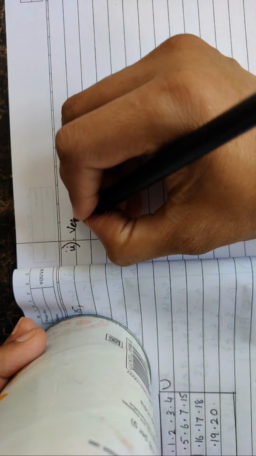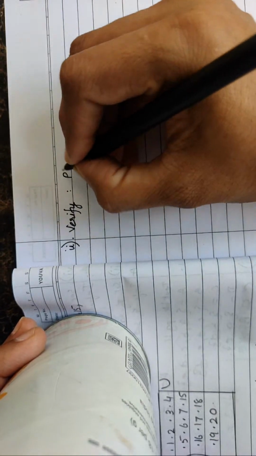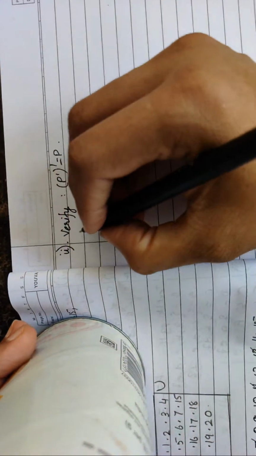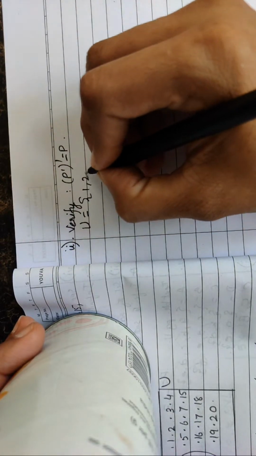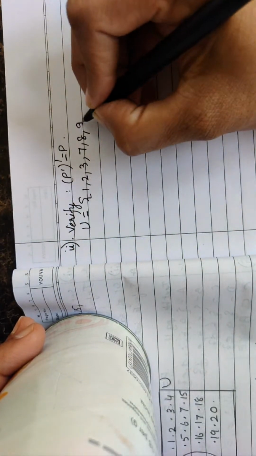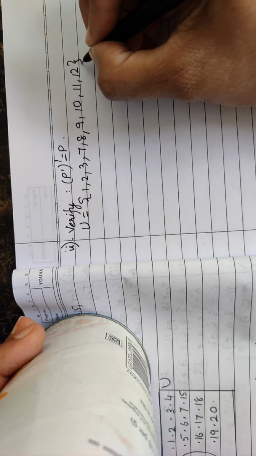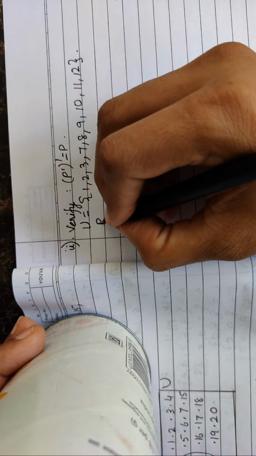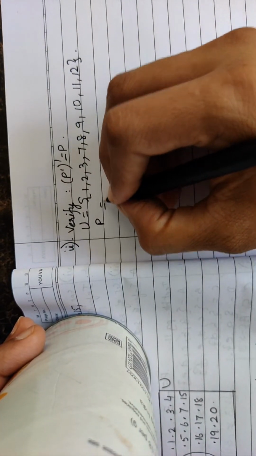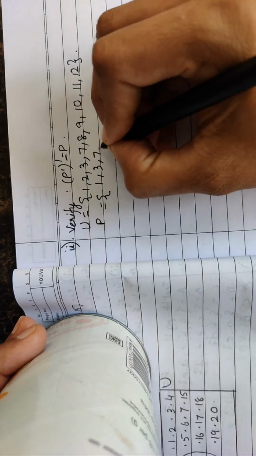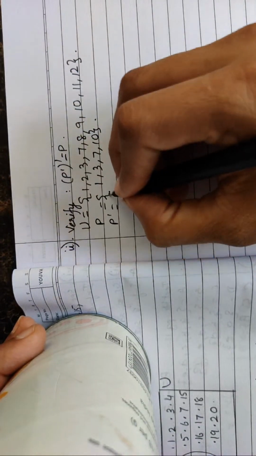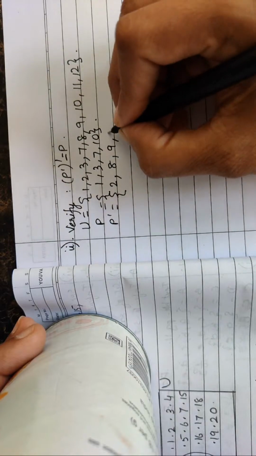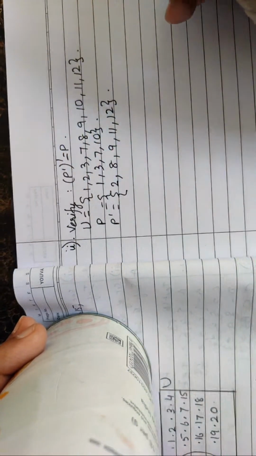It says verify P dash dash is equal to P. So to verify this, you have the universal set 1, 2, 3, 7, 8, 9, 10, 11 and 12, right? So we have also found P dash. What was P? It is given in the question: 1, 3, 7, 10. So the elements other than these will be in P dash, right. So P dash we said is 2, 8, 9, 11 and 12.